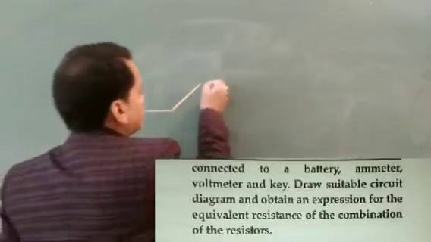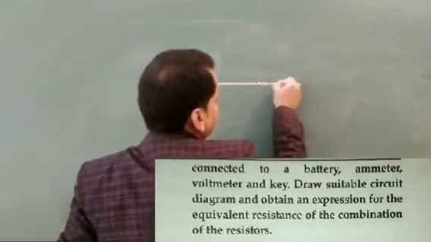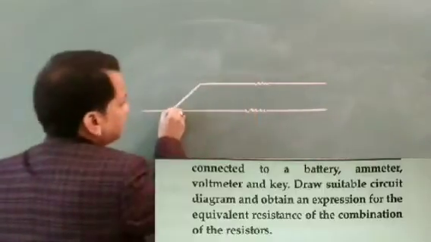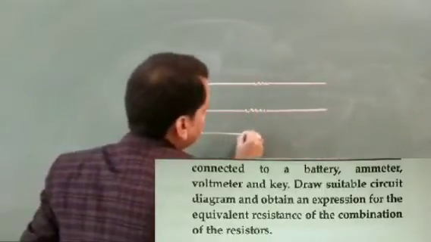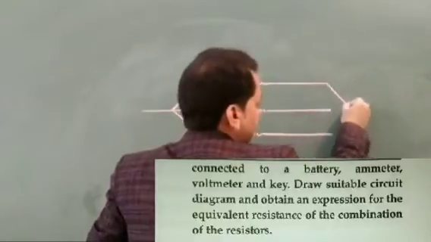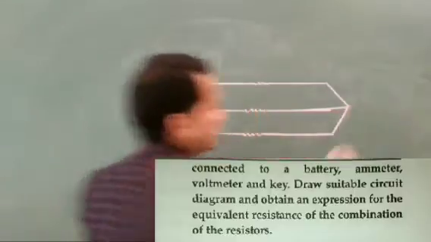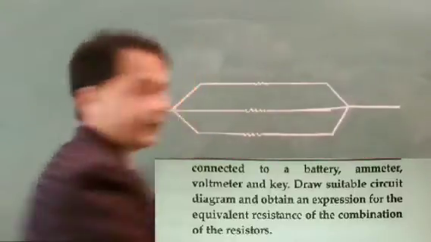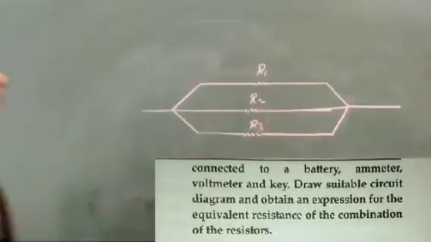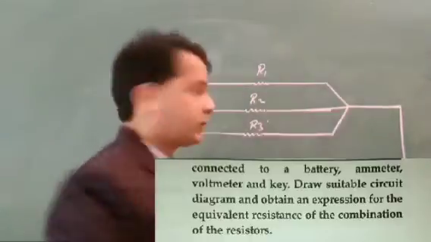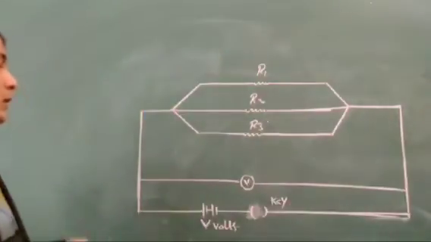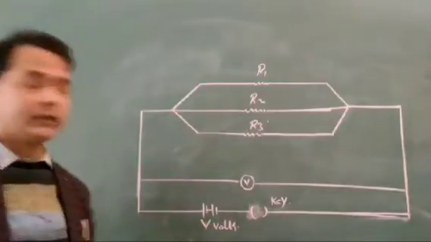So here are the three resistors R1, R2 and R3, connected in the parallel combination, and also connected to the voltmeter, the battery and the key.